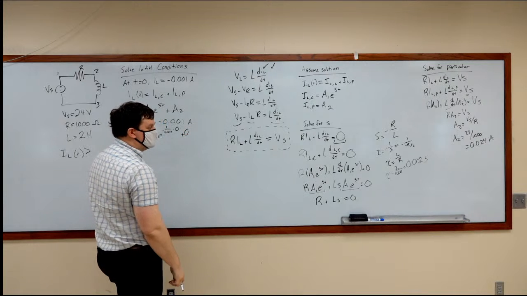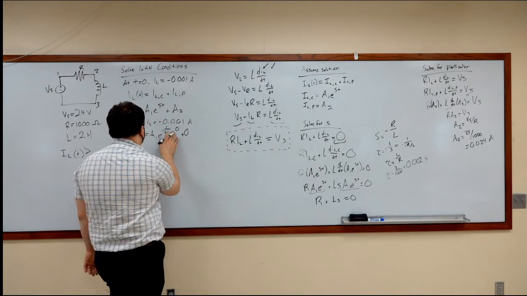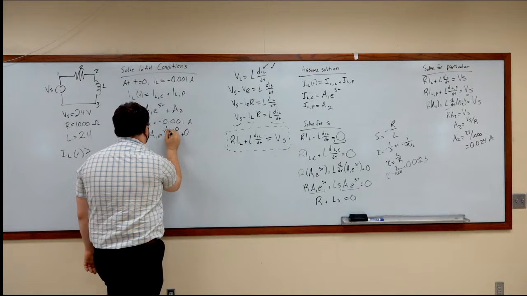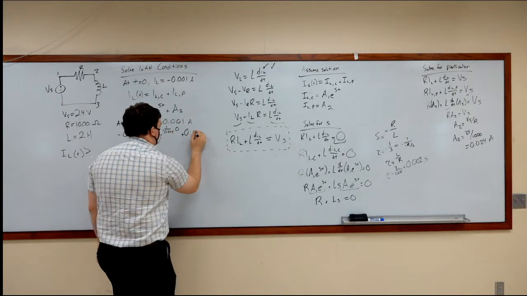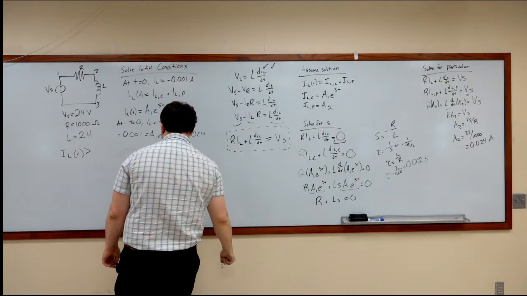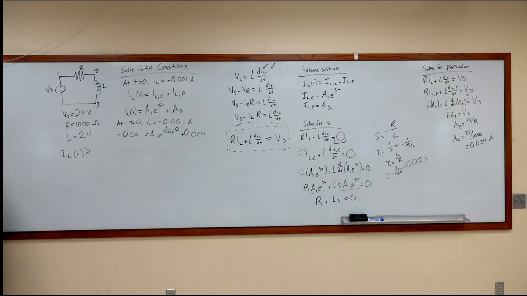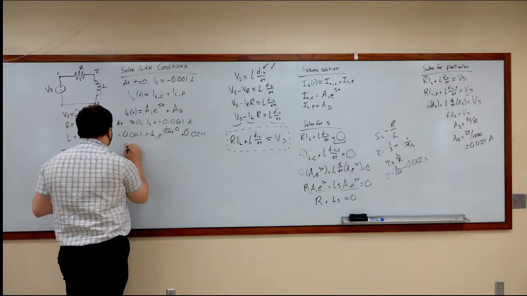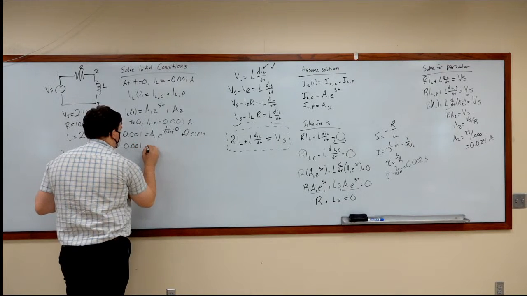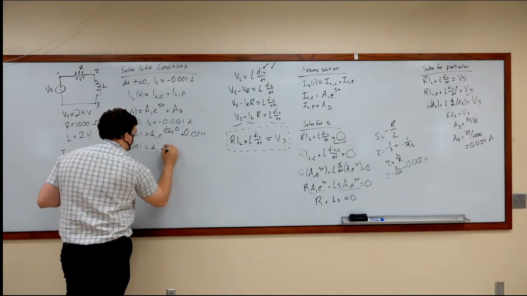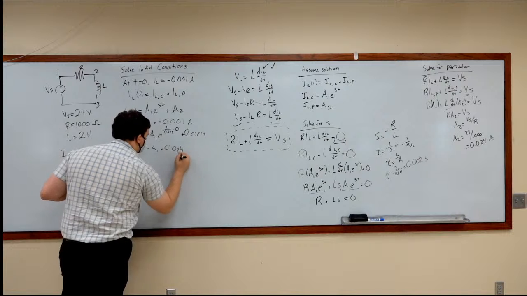Well, I wrote the wrong answer. This is supposed to be 0.024. What is e to the 0? It's 1. So this becomes negative 0.001 is equal to A1 plus 0.024.